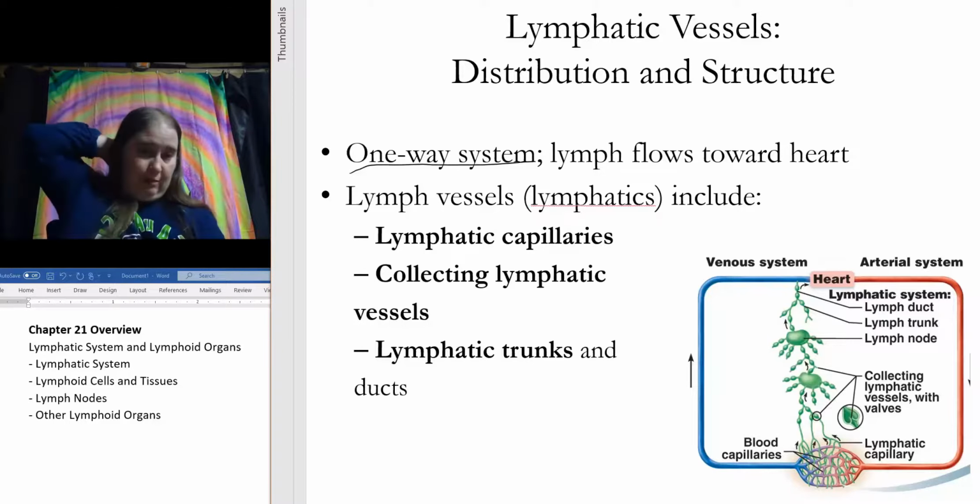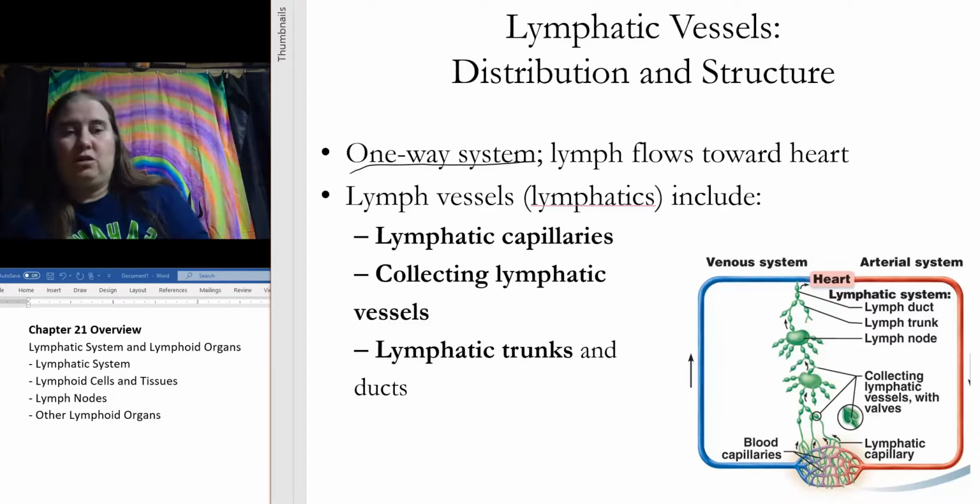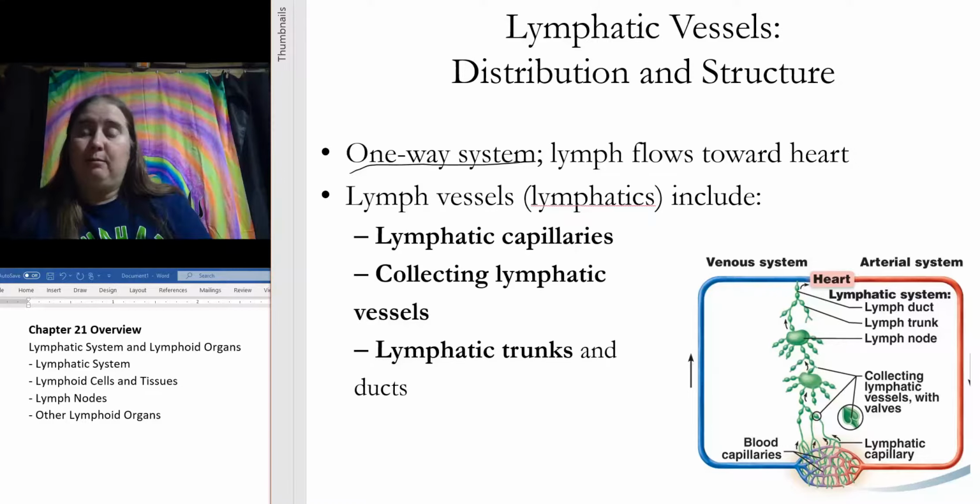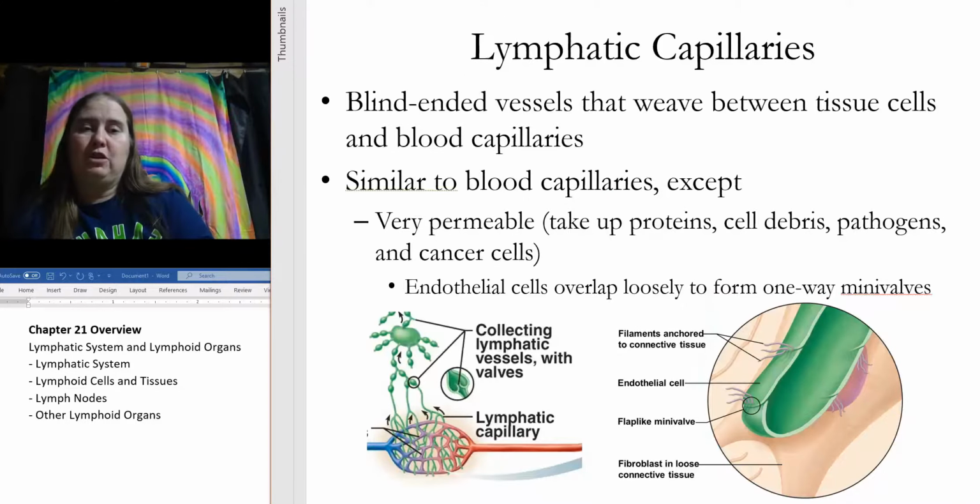Interstitial fluid is going to enter the lymphatic system via the lymphatic capillaries. Those lymphatic capillaries will then merge into collecting lymphatic vessels, and those collecting lymphatic vessels will then empty into lymphatic trunks and ducts.